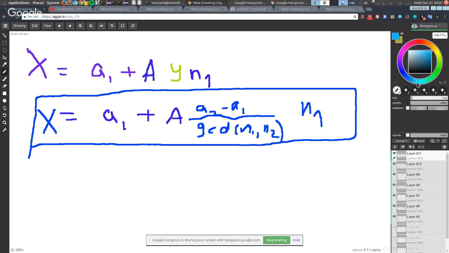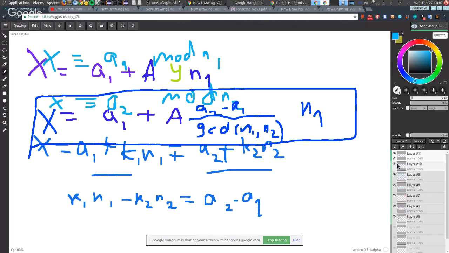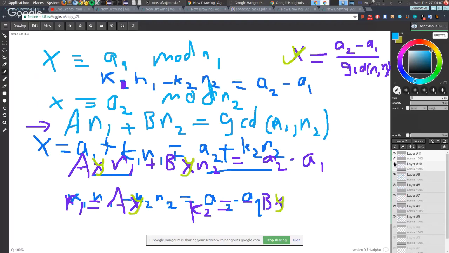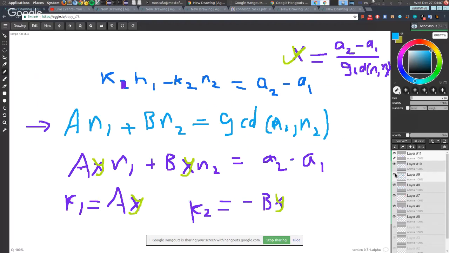If it's not, then this equation is not solvable, because from Bezout's identity any linear combination of n1 and n2 has to be a multiple of the GCD. So in order for this equation to be true, a2 minus a1 has to be a multiple of the GCD.